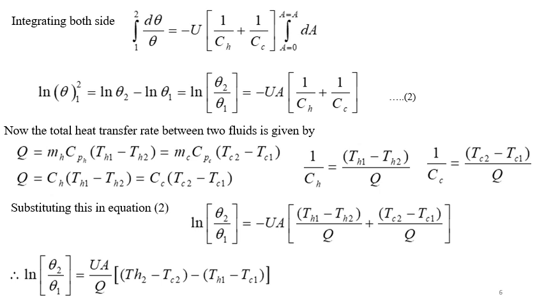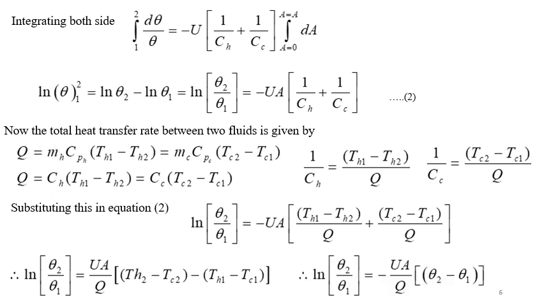So we rearrange according to our condition, in such a way that (Th2 minus Tc2) minus (Th1 minus Tc1). So ln theta 2 by theta 1 is equal to UA by Q into (Th2 minus Tc2) minus (Th1 minus Tc1). We call this equation number 3.